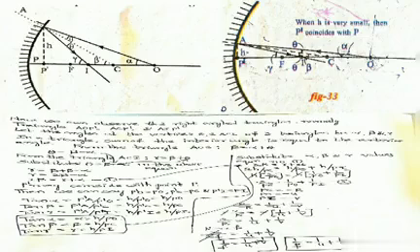Line segment AP dash is the perpendicular drawn to the axis from the point A. Once you observe the principal axis, near the pole one more point P dash is there, no? From P dash to upside A we drew one dotted line. That is nothing but the line segment AP dash, the perpendicular drawn to the axis from the point A.